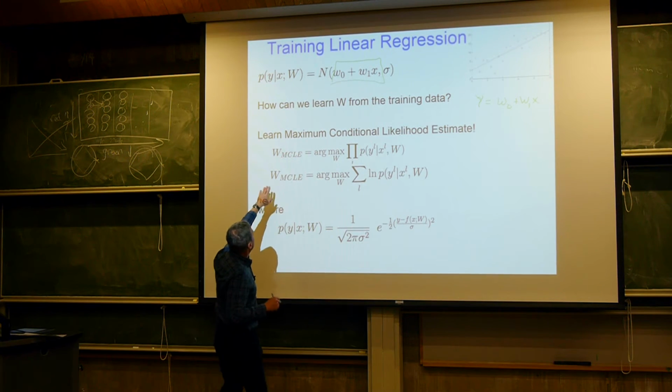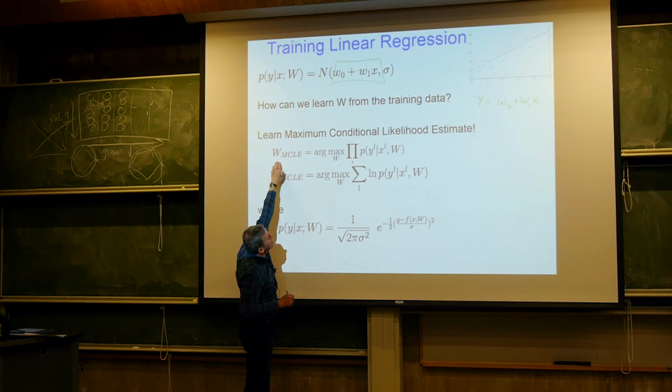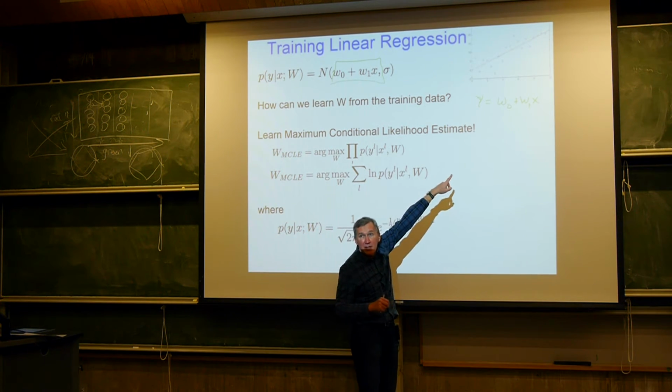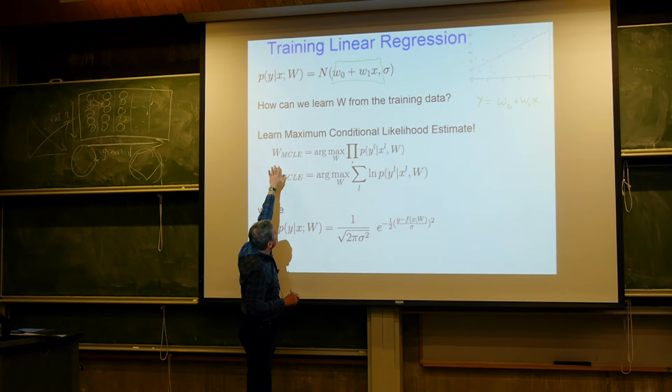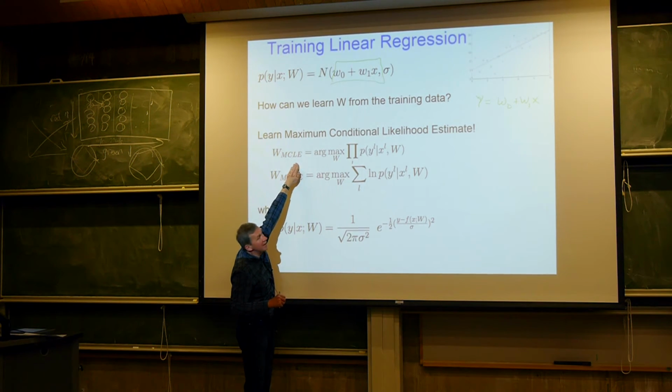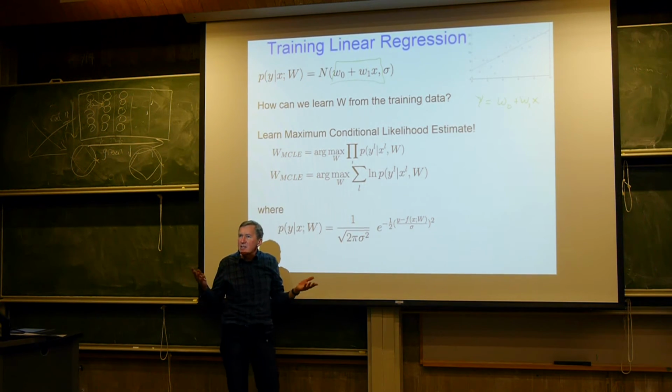How can we learn this? Well, if we want to choose our weight vector, w0 and w1, to maximize the conditional likelihood, what is the conditional likelihood?